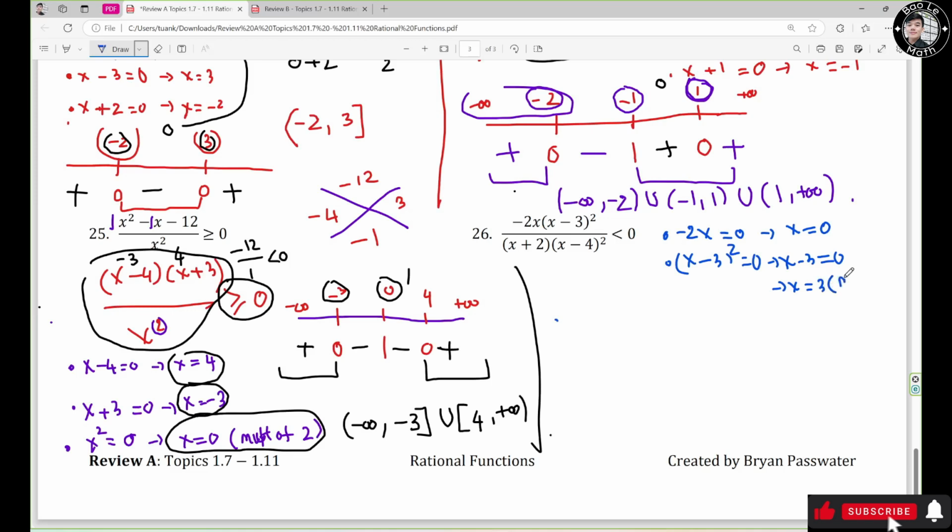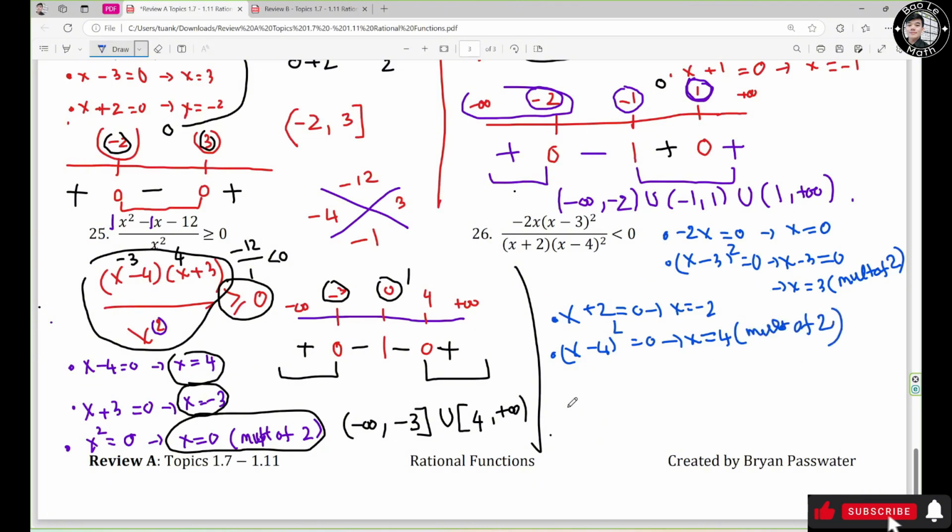This one has multiplicity of 2, so be careful. Next one, s plus 2 equals 0, so s equals negative 2. This is multiplicity of 1. Now the last one, s minus 4 squared equals 0, so s equals 4. This one has multiplicity of 2.